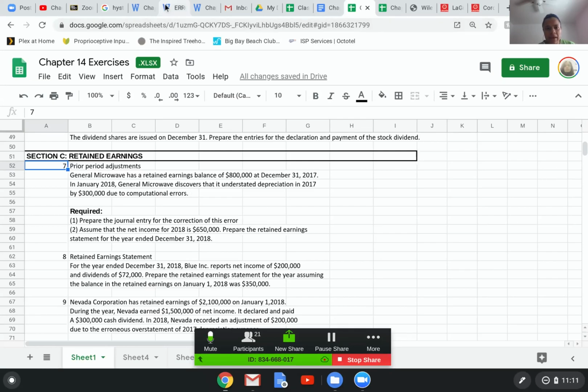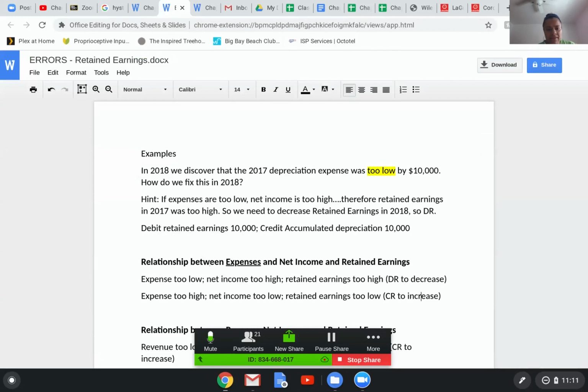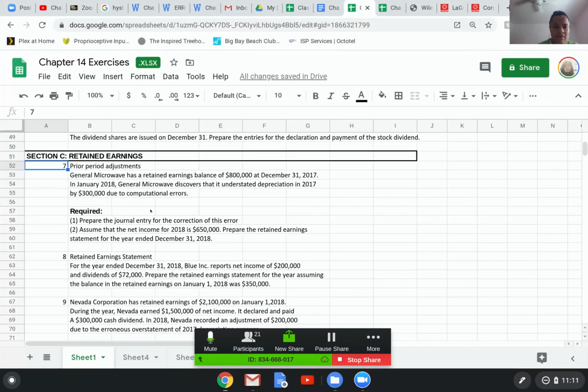So if we go back to our little cheat sheet, if the expense is too low, it must then mean that net income was too high in 2017. So retained earnings was too high. So to fix it, you will have to debit or decrease retained earnings. That's how these rules help you to answer the question.